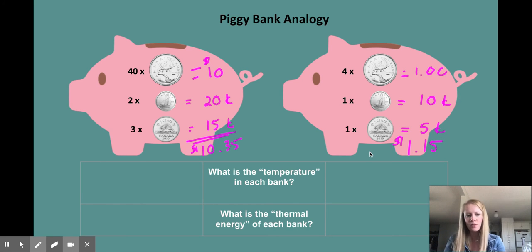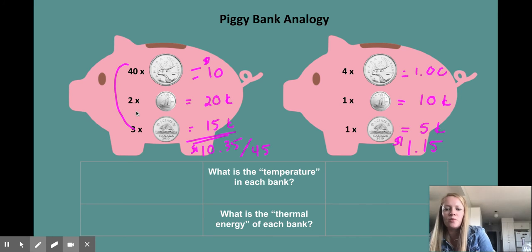Now, if I was to look for the temperature in each piggy bank or in each bucket of water, I am looking at the average kinetic energy. So if I'm calculating average in math terms, I'm going to look at my total and divide by how many there are. So there are 45 coins here. So 40 plus 2 plus 3, so 45 coins.